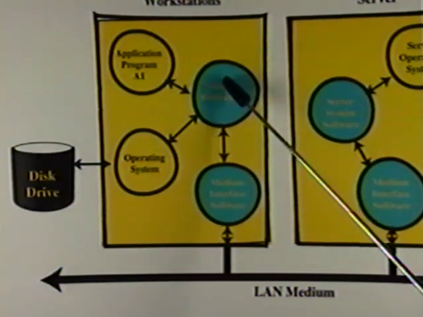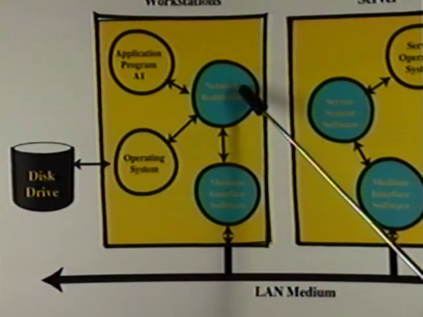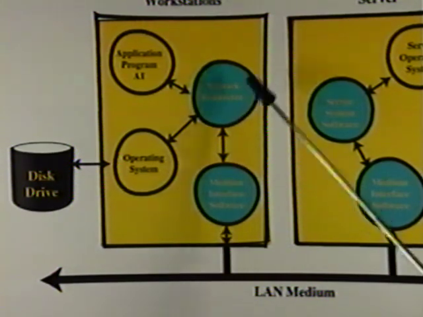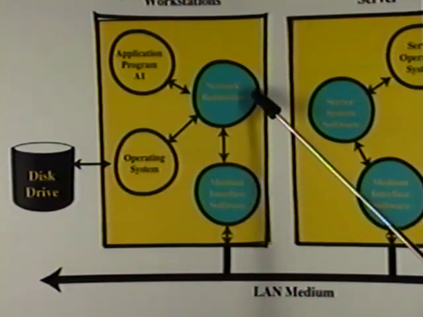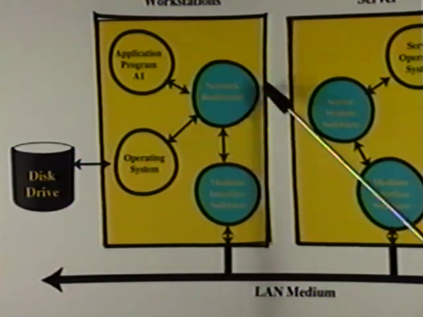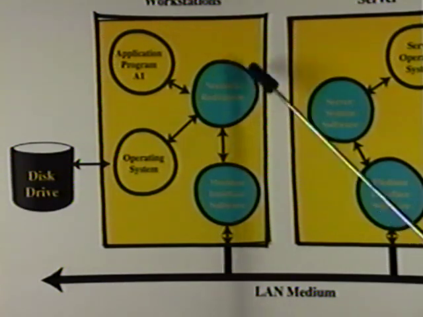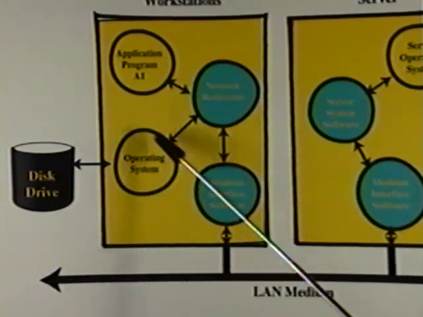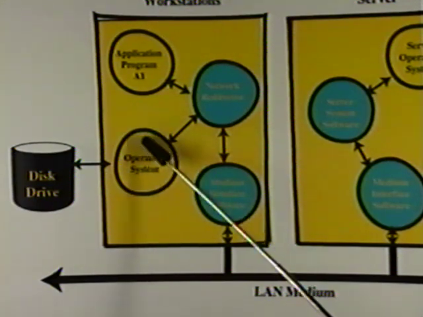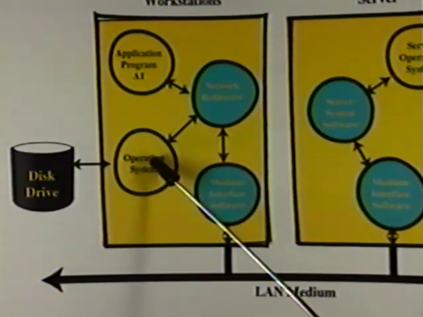It is the function of the redirector to determine where the request needs to go in order to get handled. If it's a local request, then it gets sent to the operating system, and it's the operating system that satisfies that request.